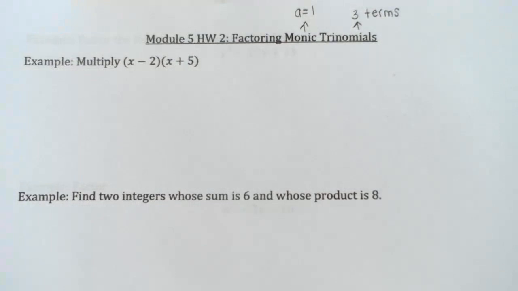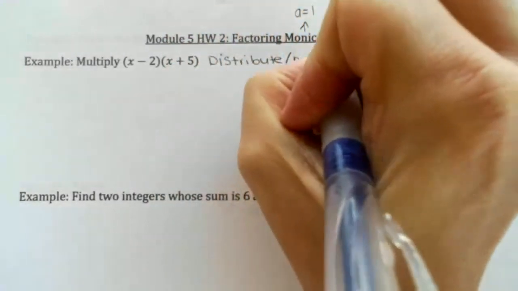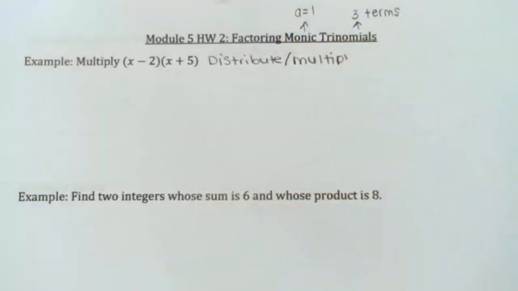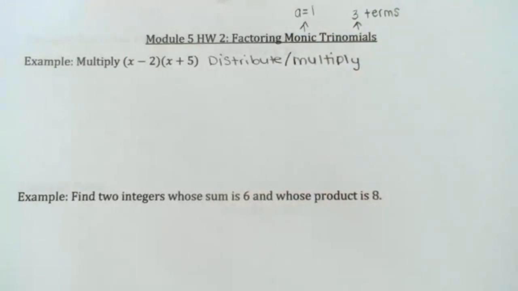So if we have x minus 2 times x plus 5, we are going to distribute, which means we're going to multiply. And if you want to say FOIL, that's fine too. I just don't usually use that because I want something that works every single time no matter what.